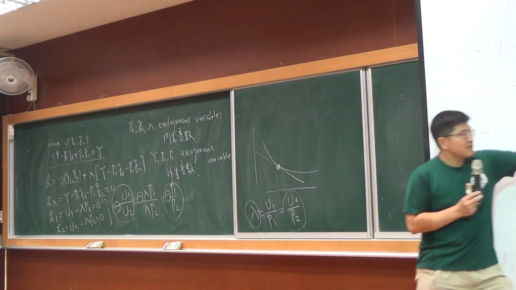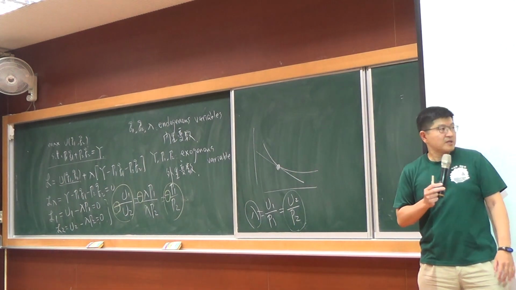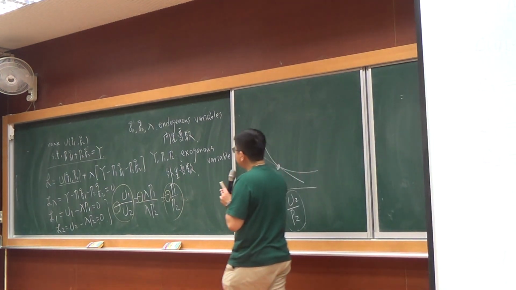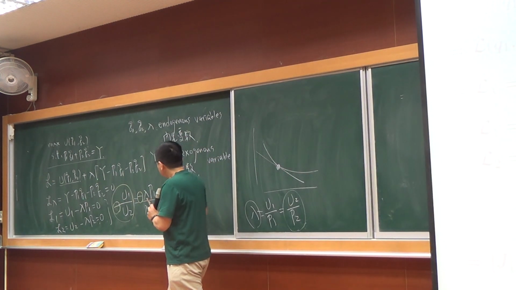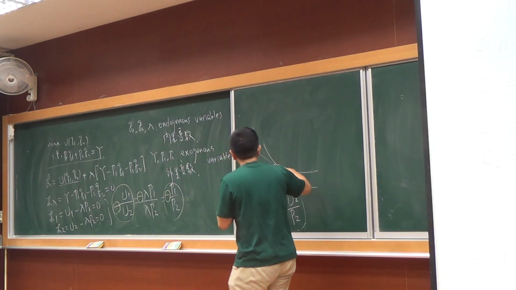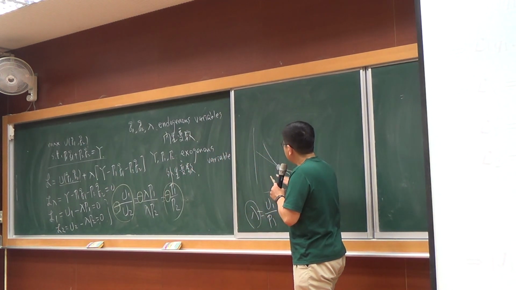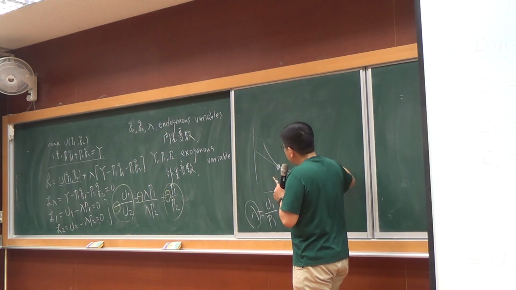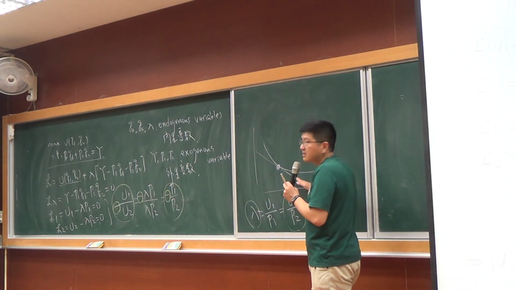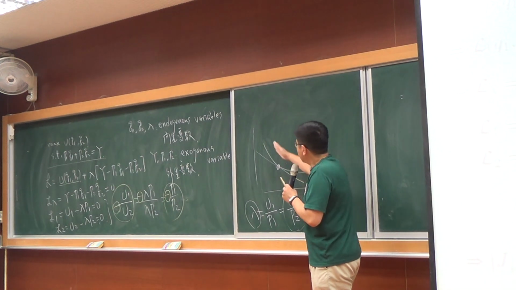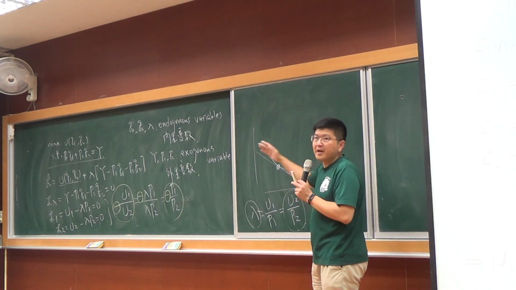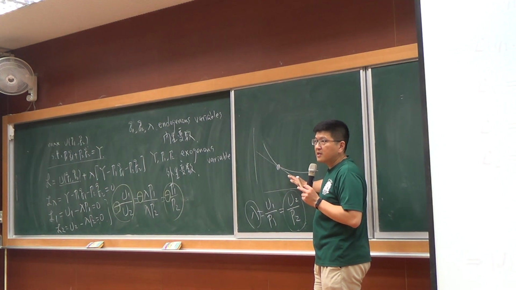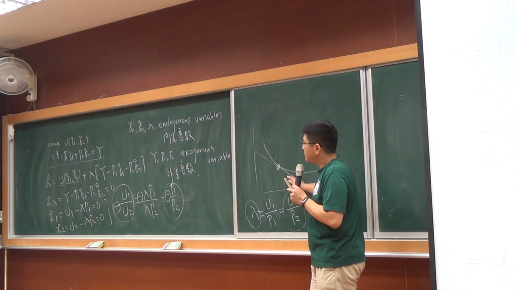You will see from this equation or from this relationship, we have different interpretations. From here, it's something about the slope. This point is tangent by the indifference curve and the budget constraint. The slope of the indifference curve would be MRS, and the slope of the budget constraint would be MRT. So they are the same.